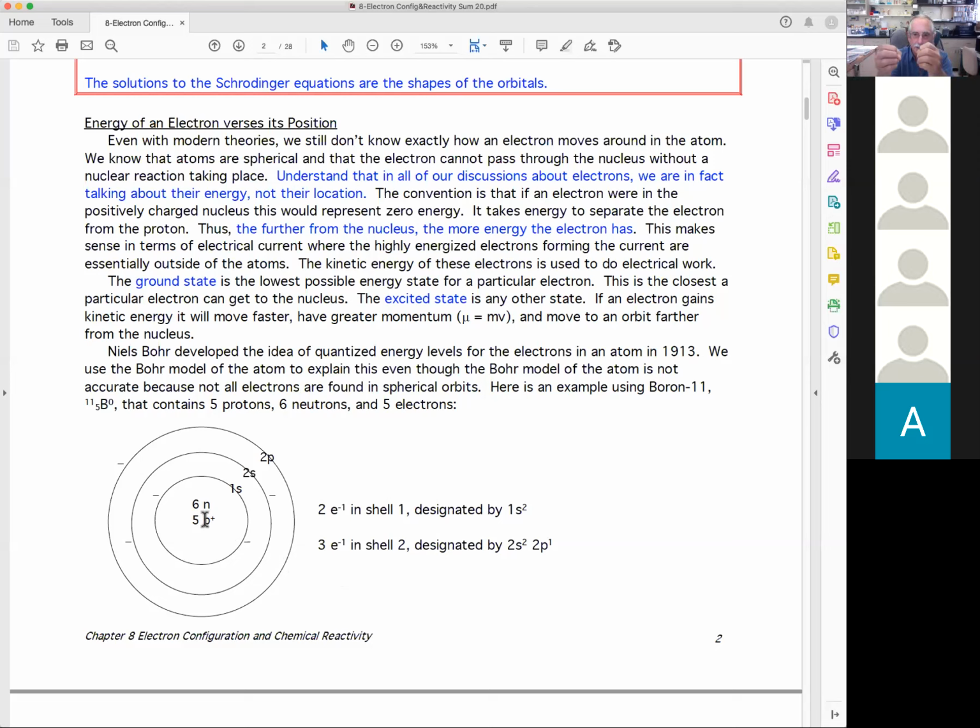If I let them go together, the potential energy is like minimum. So the premise is, the further I take away that electron, the more energy it actually has. So no electrons are allowed to be in here, but electrons are allowed to be here. This is shell number 1 right here.